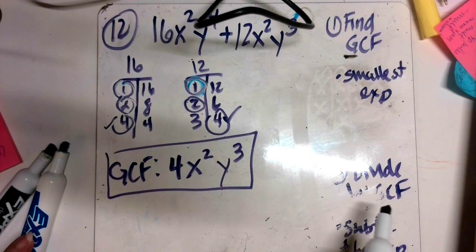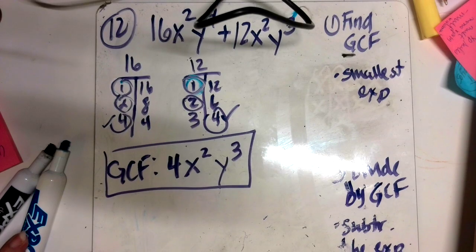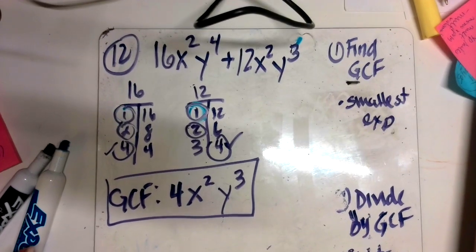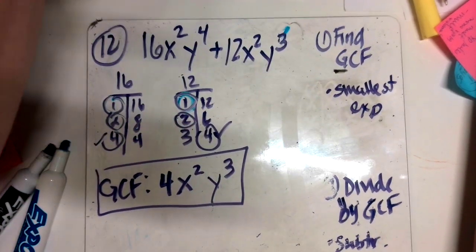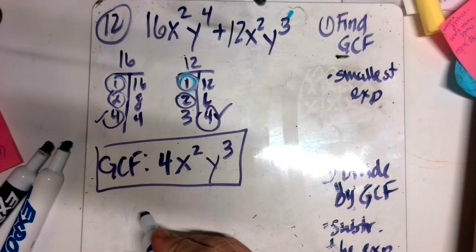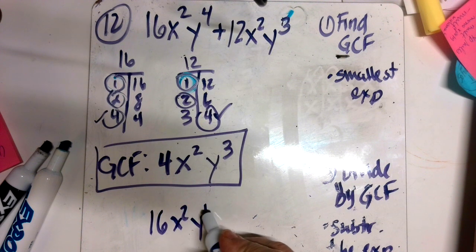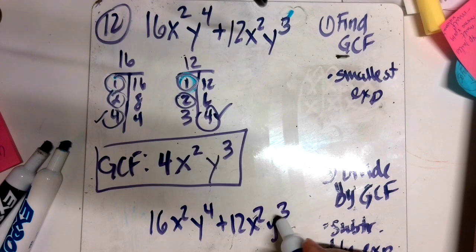Okay. Now we divide by the GCF. Okay. So again, I'm going to rewrite the original polynomial, 16x squared y to the 4th plus 12x squared y to the 3rd.